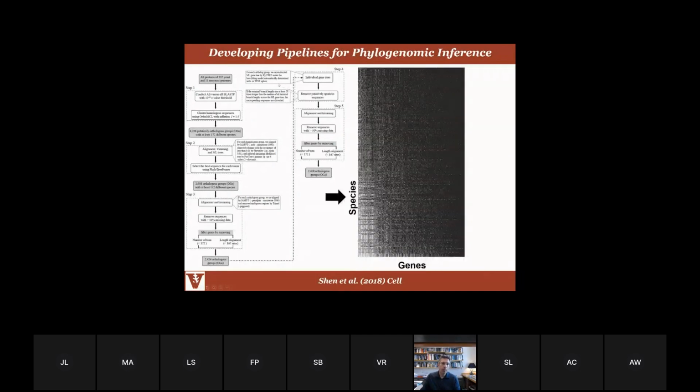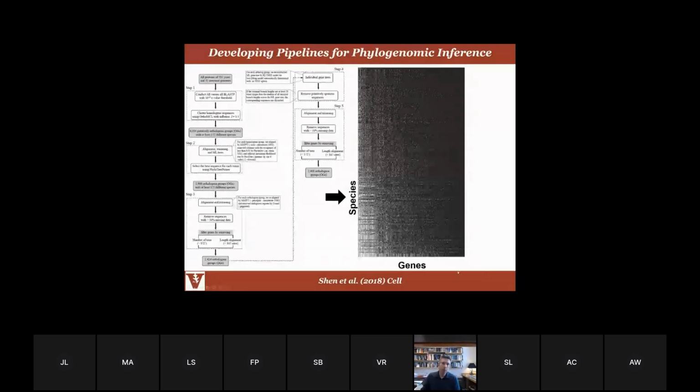Out of this pipeline, we would get a data matrix where we would have all the genes that we put in our phylogenomic data matrix and the species. Each column corresponds to a different gene, and each row corresponds to one of the 350 or so species that we have.